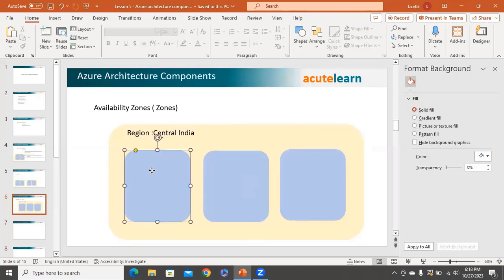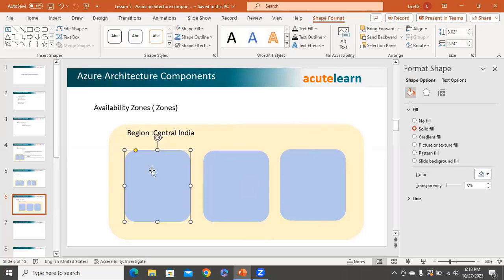So this is a set of data centers physically separated from the perspective of a power failure, connectivity failure, or any kind of disturbance from natural resources or any other external factors. If there is a power failure in this particular set of data centers, it doesn't impact another availability zone. So this is called an availability zone.